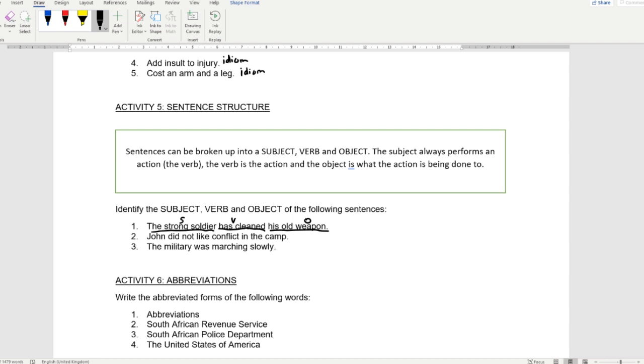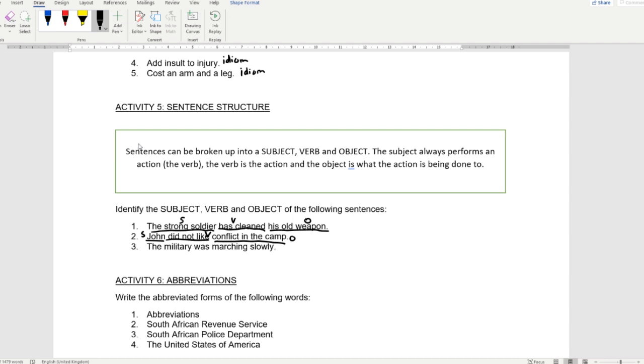2. John did not like the conflict in the camp. So did not like here will be the verb. John is doing this verb, makes him the subject, and conflict in the camp is the object. 3. The military was marching slowly.